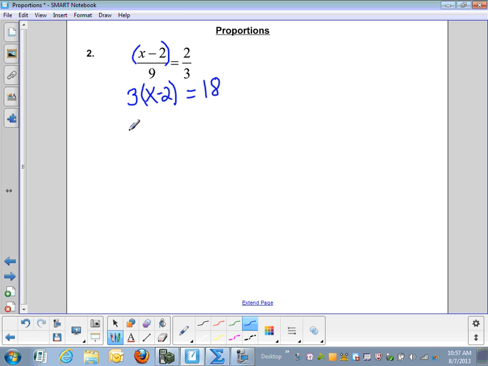So let's go ahead and distribute. 3x minus 6 equals 18. We can add 6 to both sides.